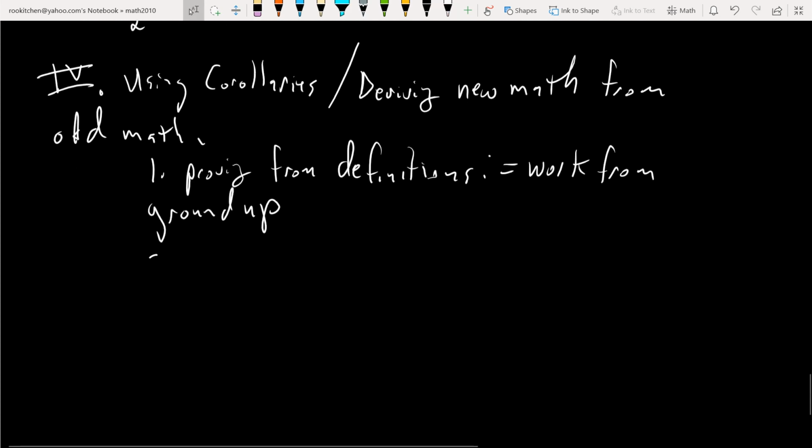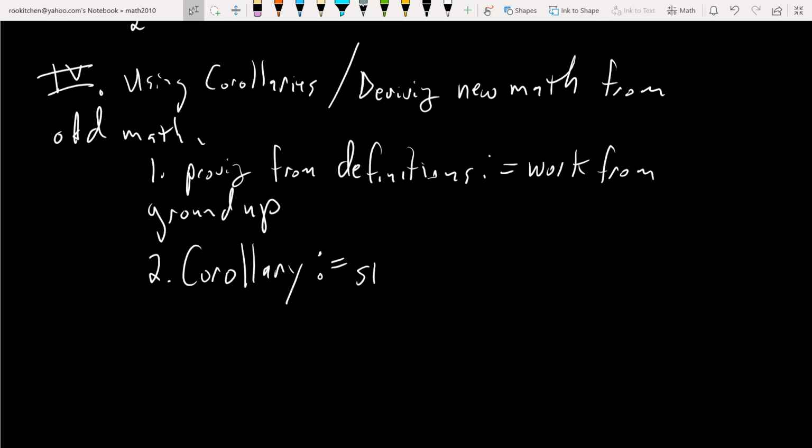Corollary, I need to be a little more careful about how I define that. A corollary is kind of a theorem that just directly follows from your proof. Okay, so it's a statement that can immediately be deduced without much work.